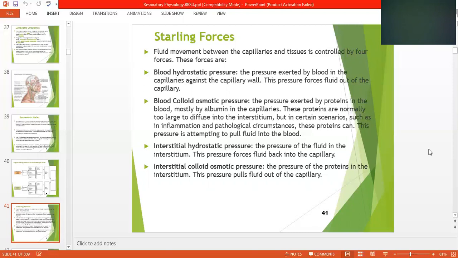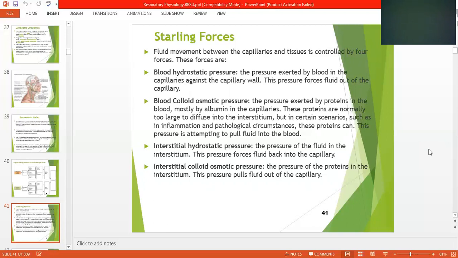Interstitial hydrostatic pressure is the pressure of the fluid in the interstitium. This pressure forces fluid back into the capillary. Interstitial colloidal osmotic pressure is the pressure of the protein in the interstitium; this pressure pulls fluid out of the capillaries. If the interstitial colloidal osmotic pressure is high, it means there is accumulation of the solid part, protein, in the tissues.